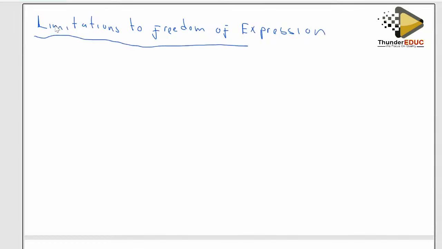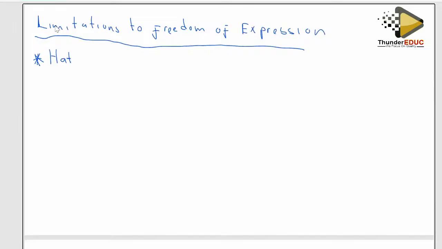So two limitations to freedom of expression. So the first limitation which we are going to talk about, hate speech.